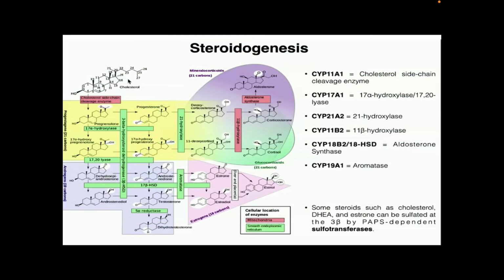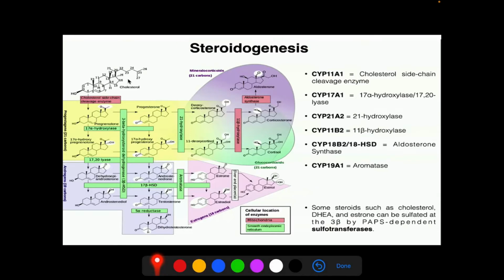So now what you can see here is another illustration of the steroidogenic pathway, but this one is more detailed because it's also color-coded, and the structure of each steroid hormone is illustrated. When we say steroidogenesis, it is the process or pathway by which some cells can manufacture steroids such as aldosterone, cortisol, estradiol, testosterone, and other steroid hormones, of course, from the parent steroid, which is cholesterol.